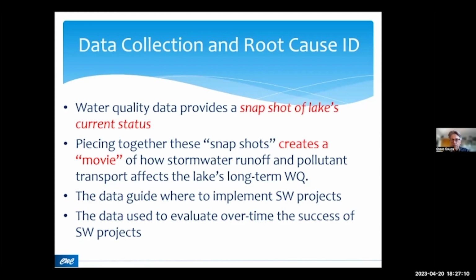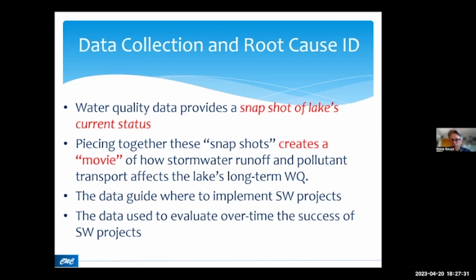So in terms of the data collection that we've been doing, Jason will talk a little bit more in detail about his data collection efforts. But some of that data does provide us with a snapshot of the lake's status. And you can look at those snapshot pictures over time and put those together to create sort of a movie.